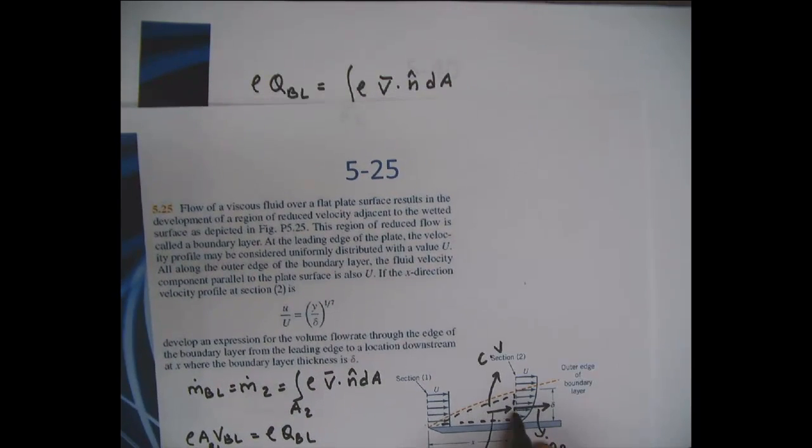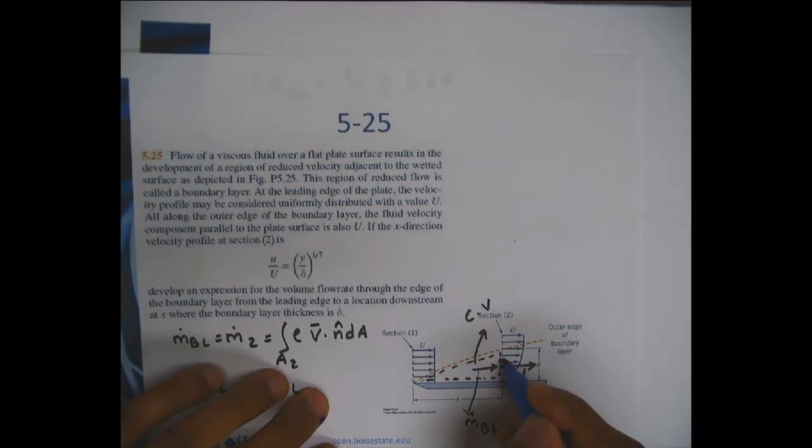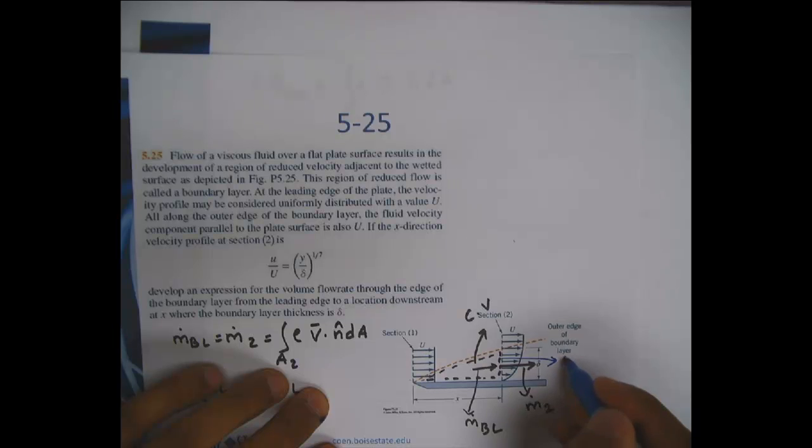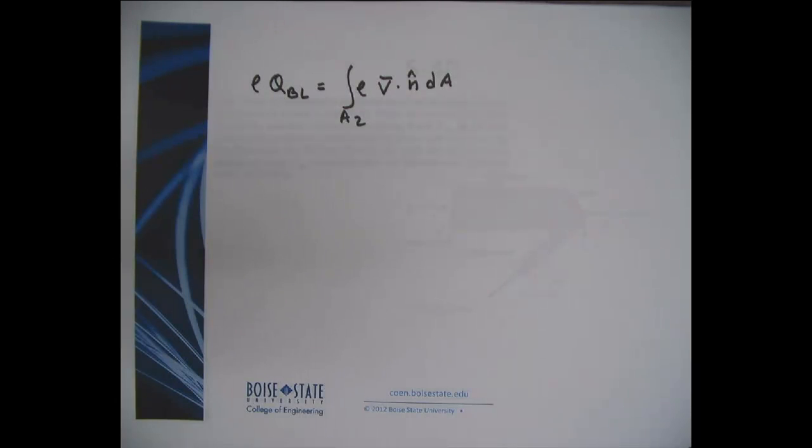If you look at this control volume, the unit normal is going out of the surface, so your velocity profile and n are in the same direction, so V dot n will be positive.